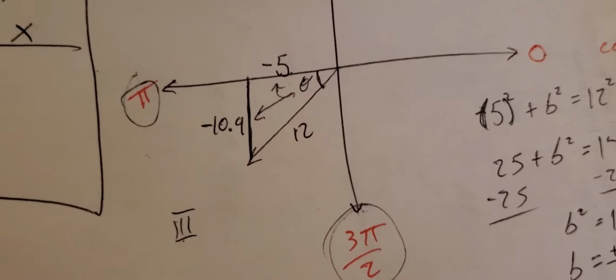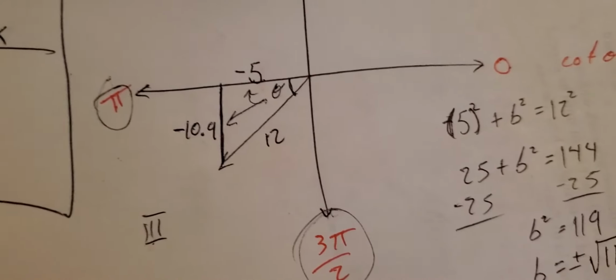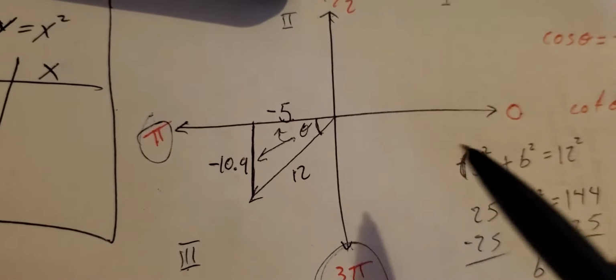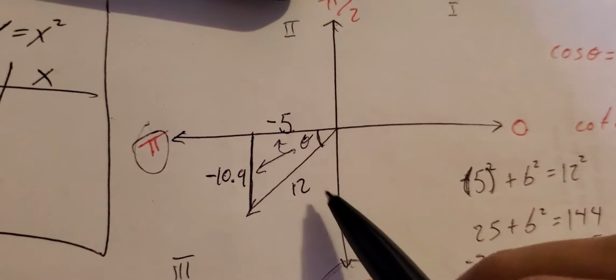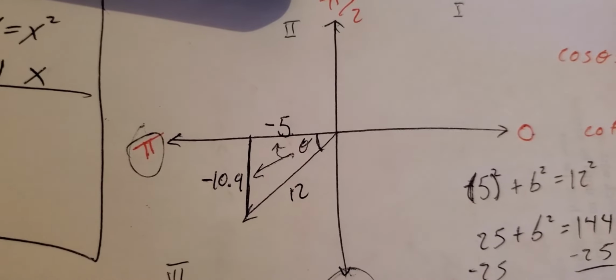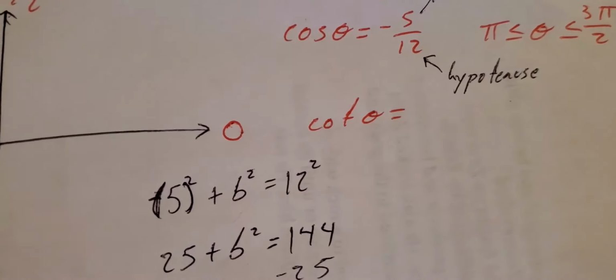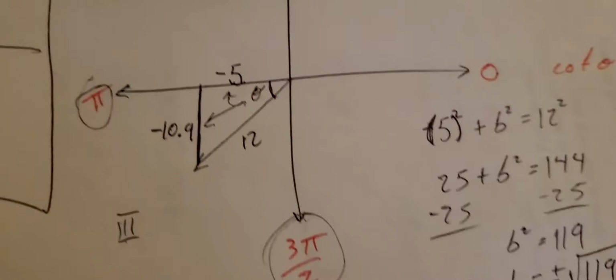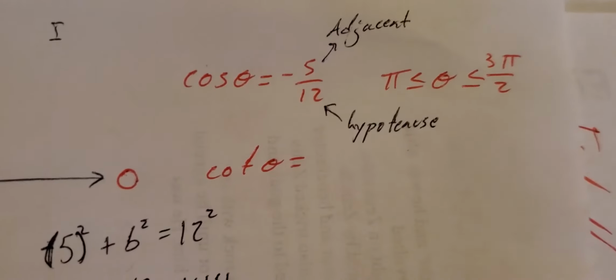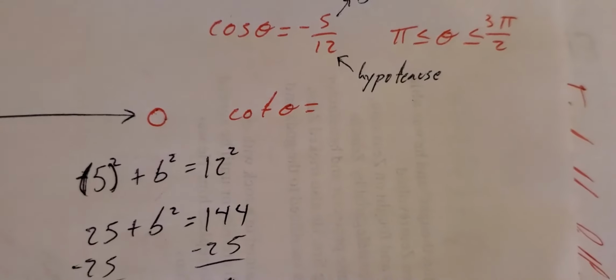Now with this we can find pretty much any trigonometric function we want. We have our opposite, adjacent, and hypotenuse. If you want to find sine, it's opposite over hypotenuse. Cosine, adjacent over hypotenuse. Tangent, opposite over adjacent. We're being asked to find cotangent. Let me write it down here.